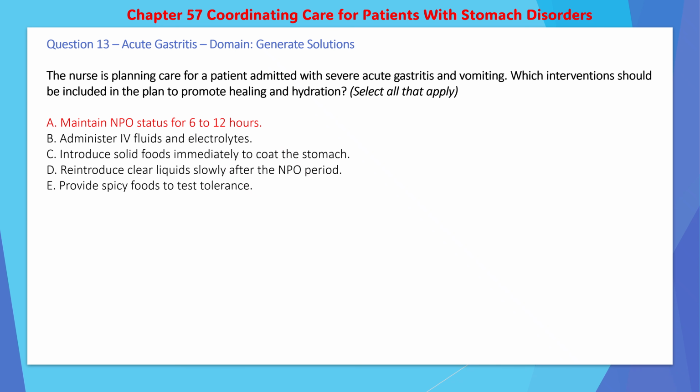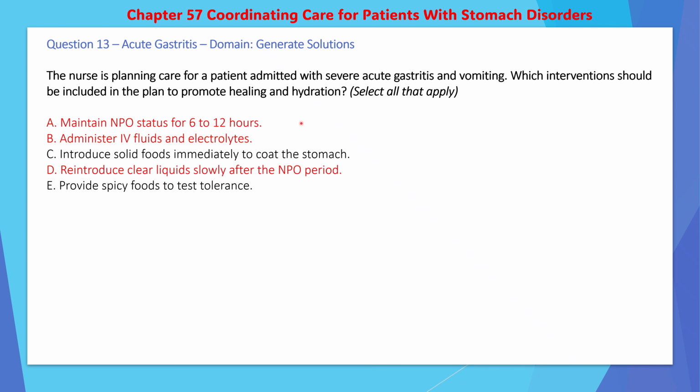Maintain NPO status for 6 to 12 hours. Administer IV fluids and electrolytes, because with severe acute gastritis and vomiting the patient needs electrolytes.